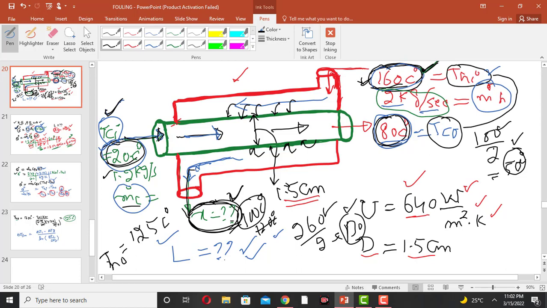And the difference between the hot fluid outlet temperature and the cold fluid inlet temperature, Tci, is given by delta T2. This is delta T2.